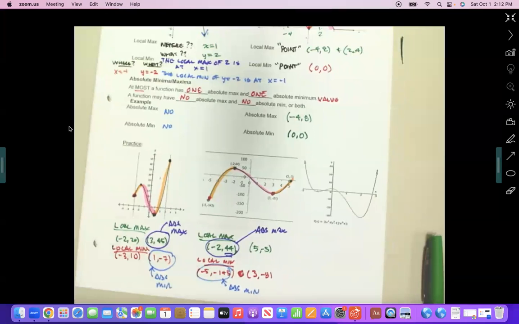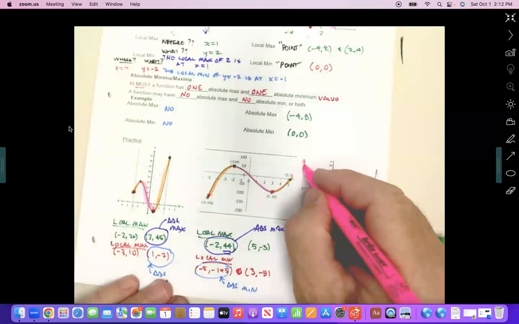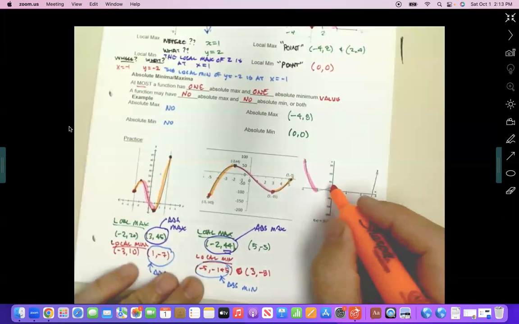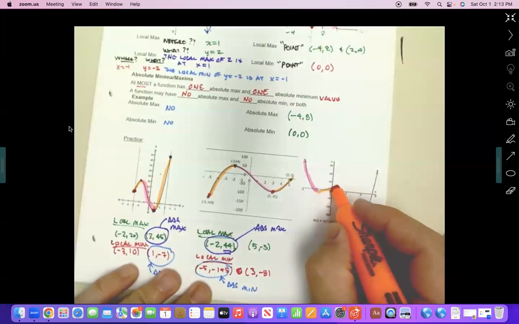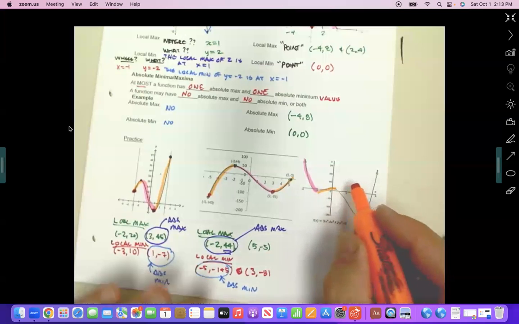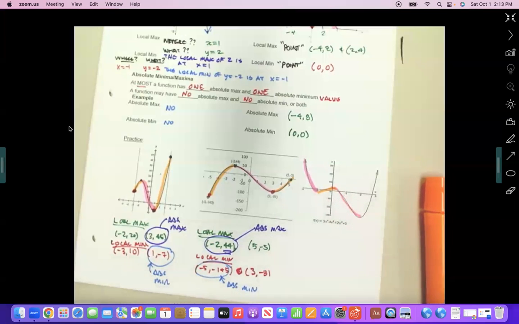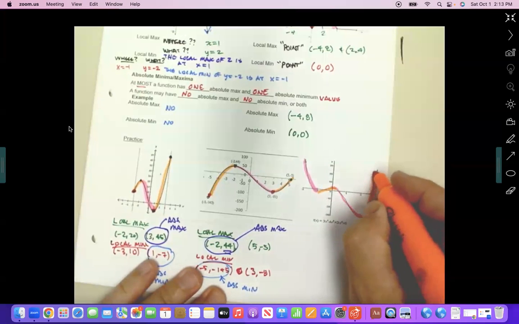In this one, we have a decreasing interval until we get here, and then an increasing, followed by decreasing, and then followed by increasing one more time.